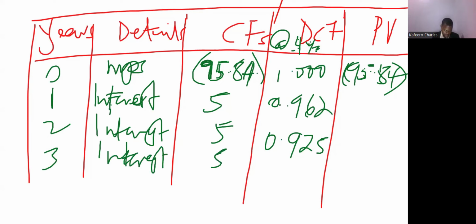Then we can multiply these other ones. 5 times 0.925 gives us 4.63. And this one is 0.889, and this is giving us 4.45.